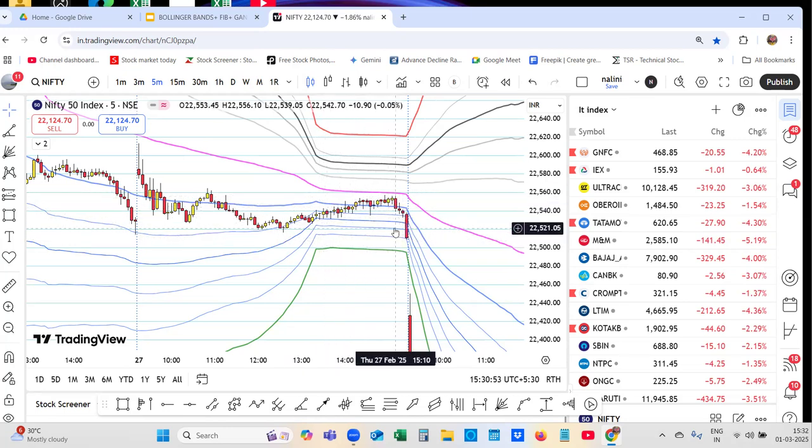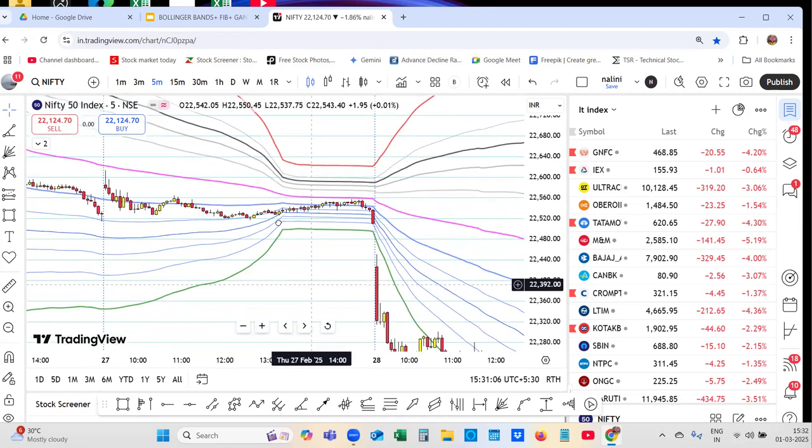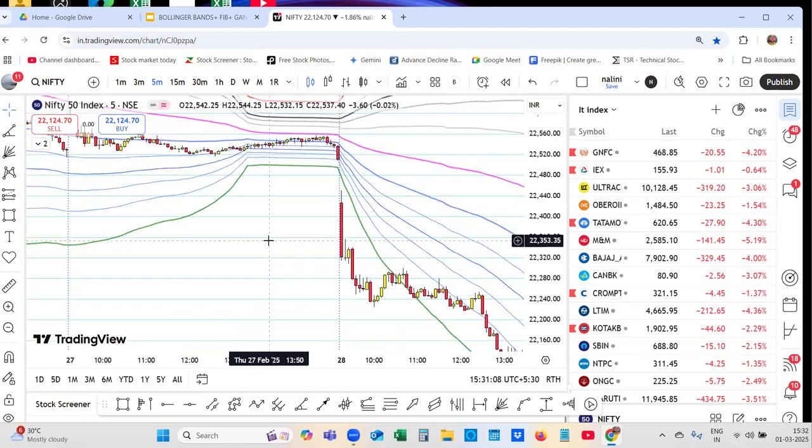So all are constricted, and you can see while closing, the price closed near the last Fib ratio and the market gapped down. Even after gapping down, how we have taken the trade.